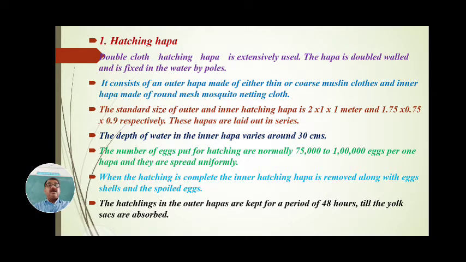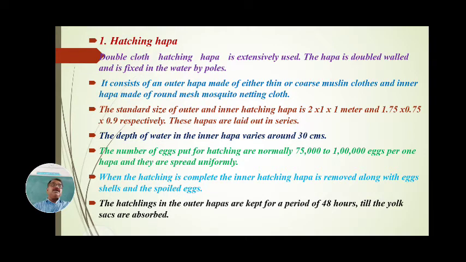Double cloth hatching hapa is extensively used. The hapa is double walled and is fixed in water by poles. It consists of an outer hapa made up of either thin or coarse muslin cloth. This hapa consists of two parts, the outer part and the inner part.